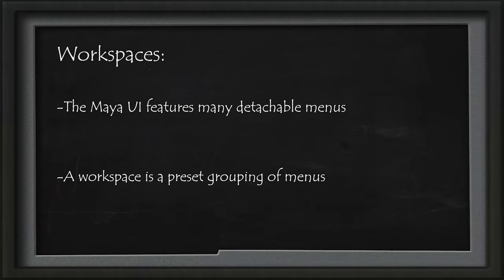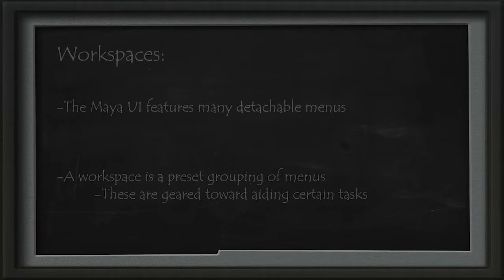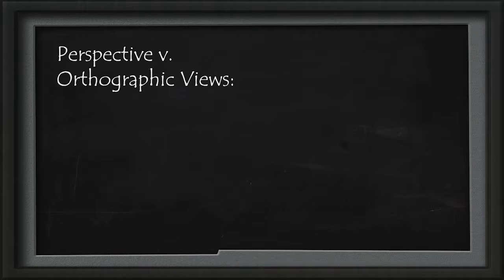And that's the thing about Maya, it has various presets geared towards allowing you to do certain tasks easier. We have a workspace for, say, modeling and rigging, and then animation, and pose sculpting, and everything in between. And these can be extremely useful because they make accessible the tools that you need in order to get the job done. Alright, so next up we're going to be talking about the perspective and orthographic views.